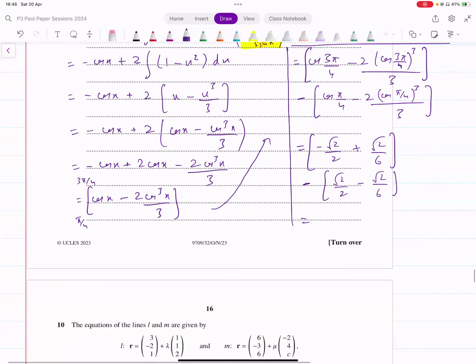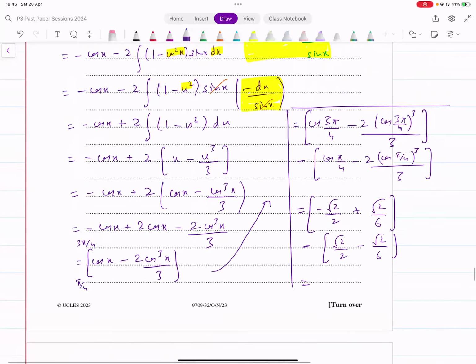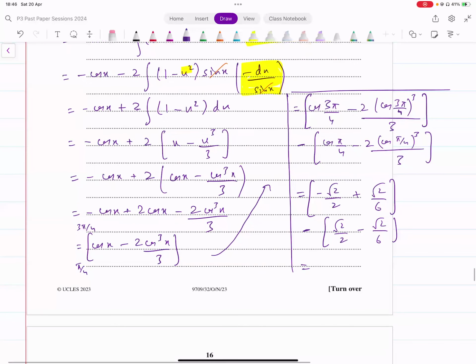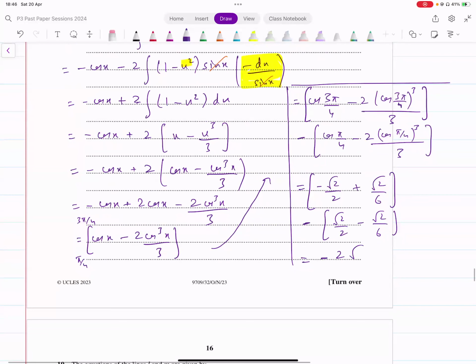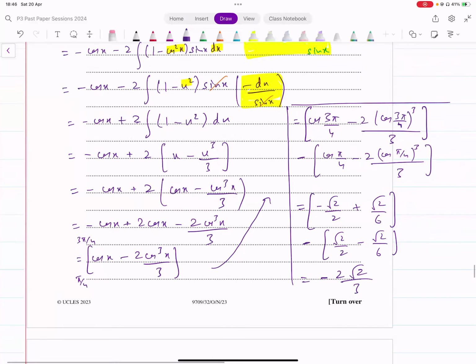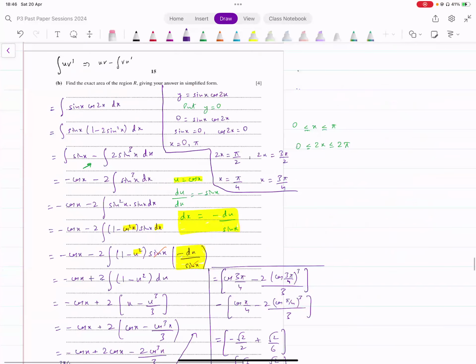And that's giving me 2 under root 2 over 3. Yeah. So minus 2 under root 2 over 3. This is what I'm getting from this. And that is your final answer.